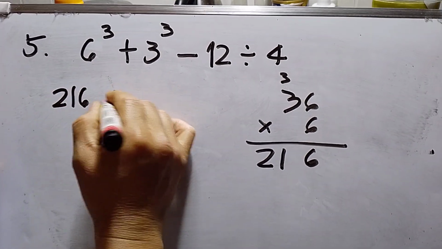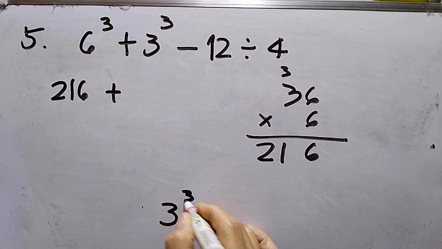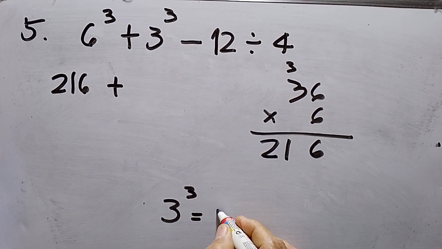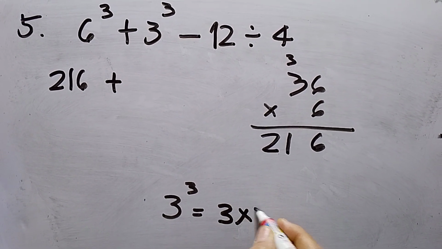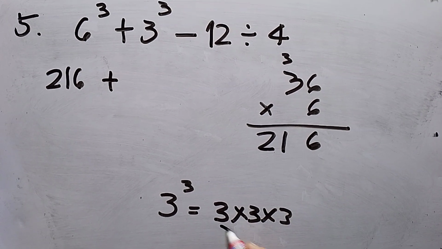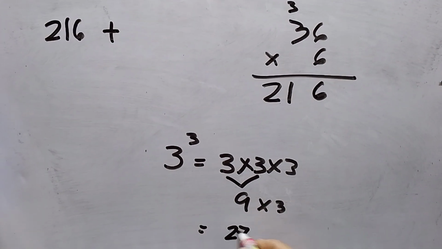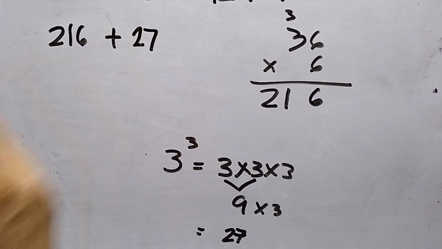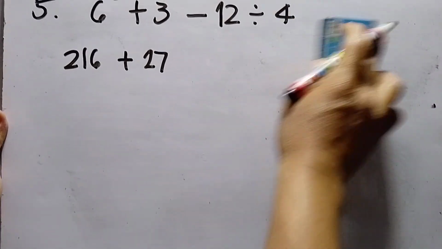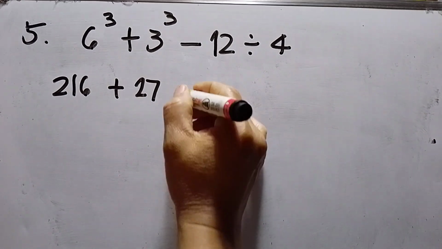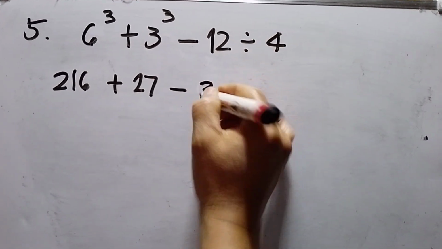216 plus, what is 3 to the third power? Again, multiply itself 3 times. 3 times 3 times 3. So this is 9 times 3, so this will be 27. So plus 27. And what is 12 divided by 4? So this will be 3.